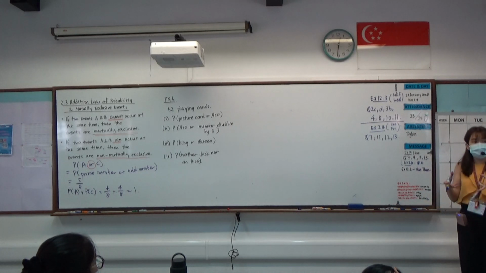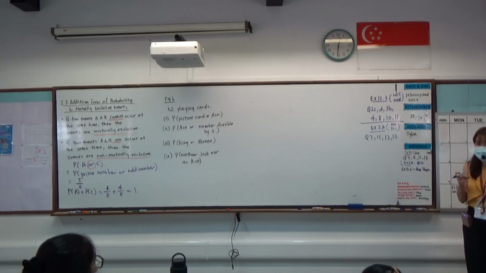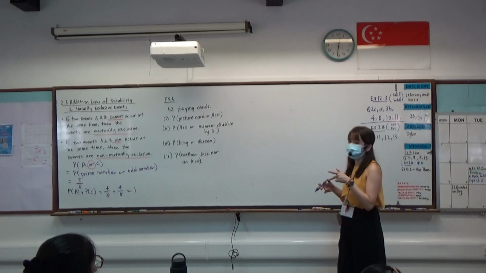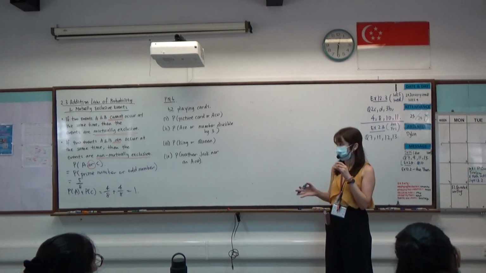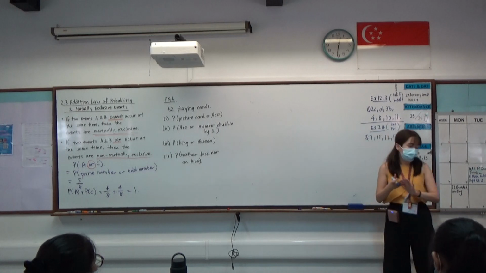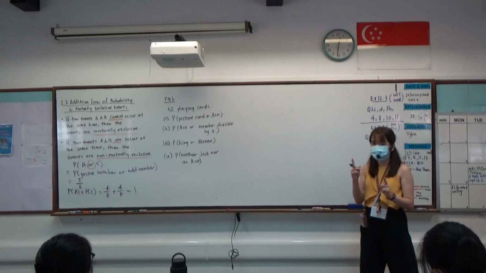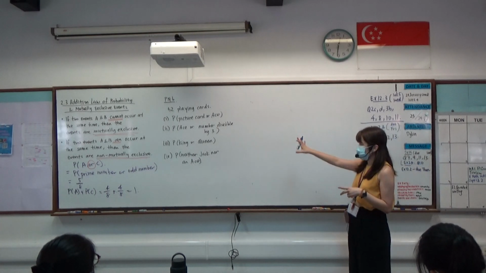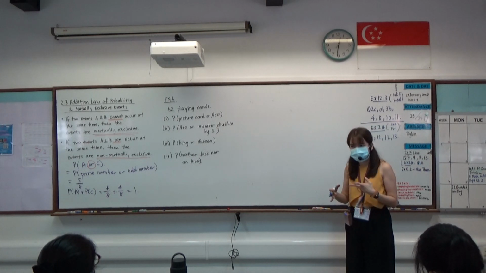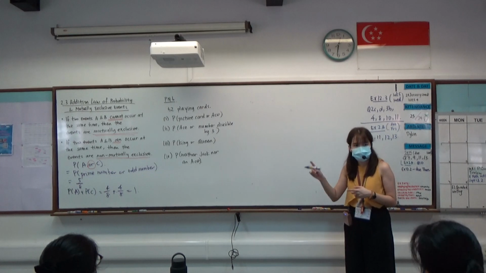So your usual deck of cards. You should be familiar with the deck of cards, right? For math purposes, not for other purposes. We want to find in part 1 the probability of getting a picture card or ace. For things like this, it is familiar to us, so we can just do our usual counting.